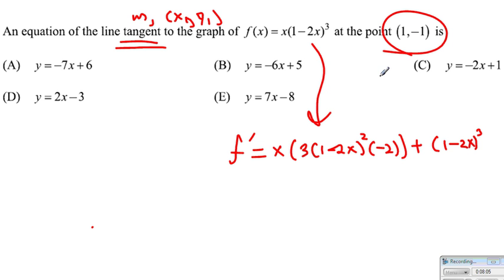Here the x value has to be equal to 1, then we end up getting, here this is 1, then inside here becomes 3 times (1 minus 2, because x equals 1) squared, which ends up being 1, times negative 2. Here also becomes simply, in this case, 1 minus 2 becomes negative 1, put to the third power becomes negative 1. So what we end up getting is negative 7 becomes our slope.